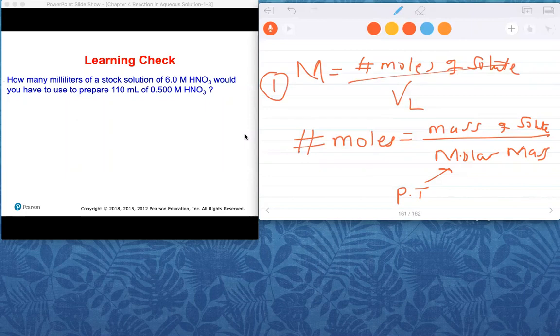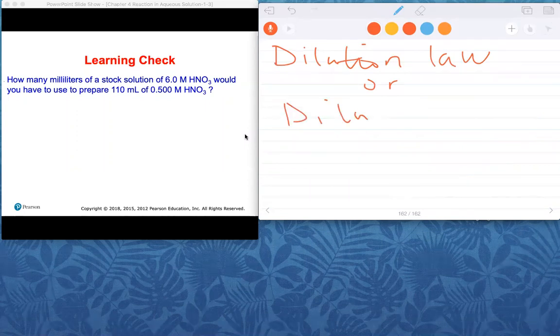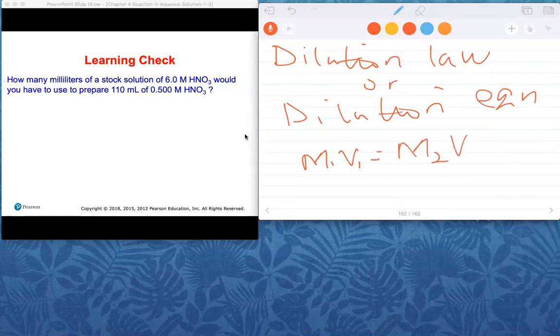Now, there is an equation we call the dilution law. You'll see this in the lab, the dilution law, or sometimes we call this the dilution equation. You are expected in Chem 2 to remember this equation, M1 V1 equals M2 V2.